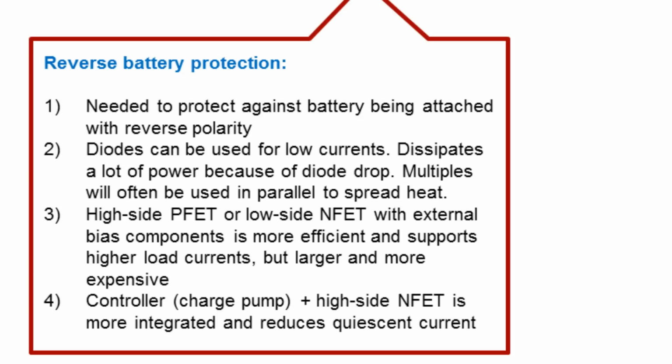In higher current applications, traditionally multiple diodes are used in parallel to spread the heat. In some cases, a high side PFET or low side NFET with external bias components is more efficient compared to the diodes, and they support higher load current, but they are larger and more expensive.